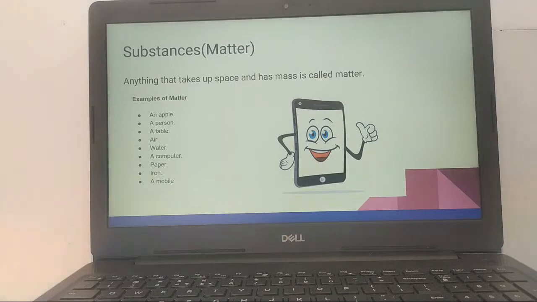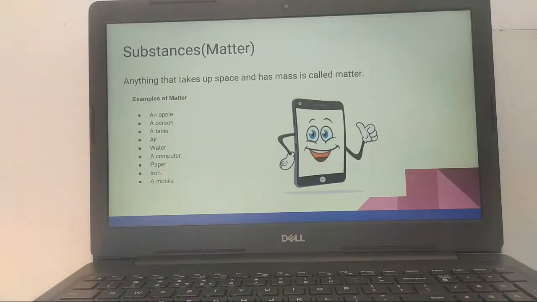And now when you take it up in your hand, you can feel that it has some weight. So this proves that yes, it's matter. There are many more examples which you can see around you: an apple, a person, a table, the air that we breathe in, the water which we drink, which is also used for various other purposes, a computer, a paper, iron, and many more things.